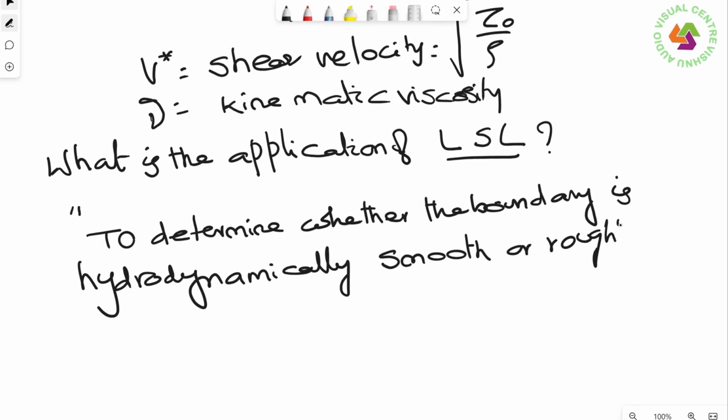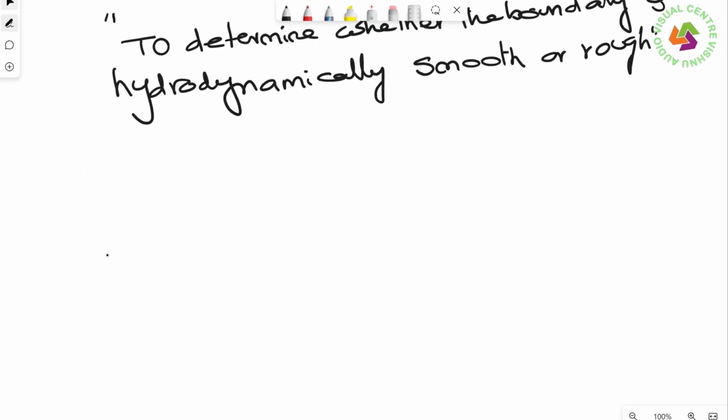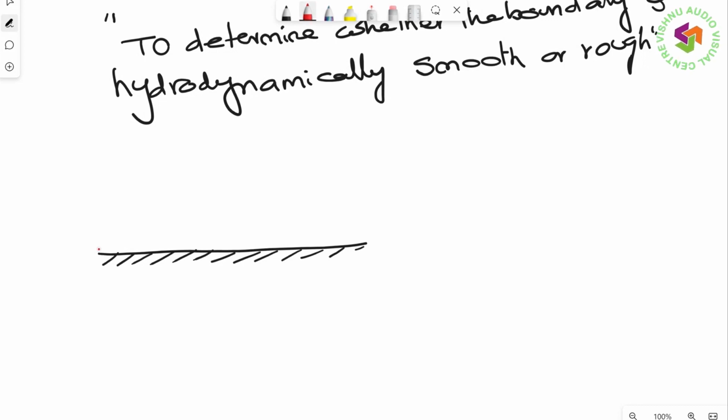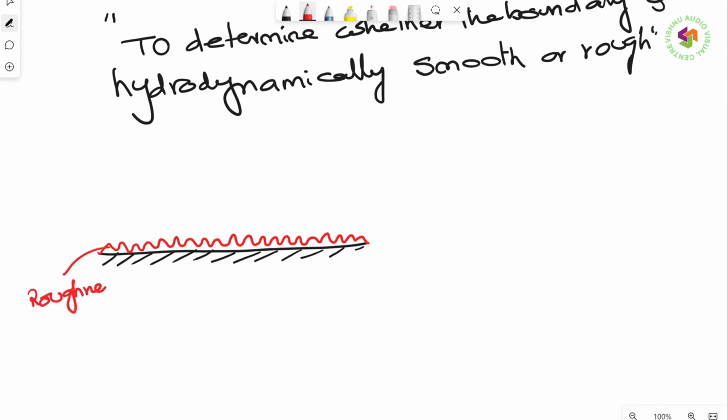Whether it is a pipe or a plate, whatever it is, take the inside boundary where it is subjected to the flow. For example, this is the boundary. Now, these are all the roughness projections.